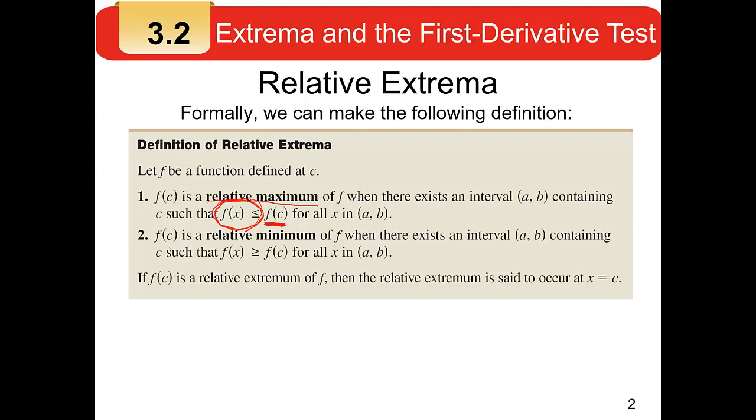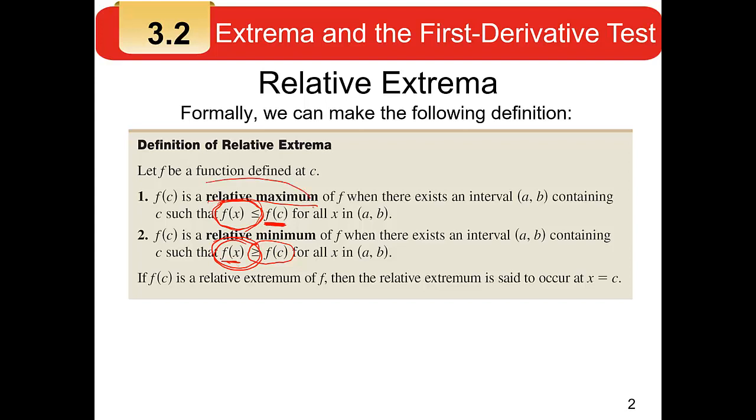That's the sign of a relative maximum. On the other hand, f of c is a relative minimum of the function as long as the function value of c is smaller than the values of the function of all the points around it. That's a relative minimum.